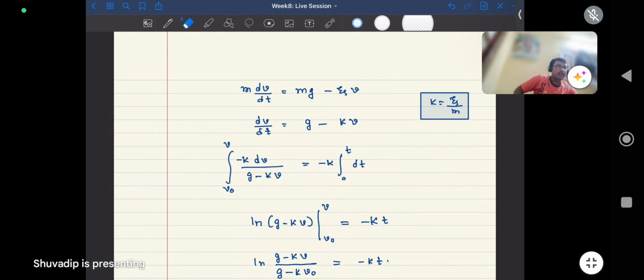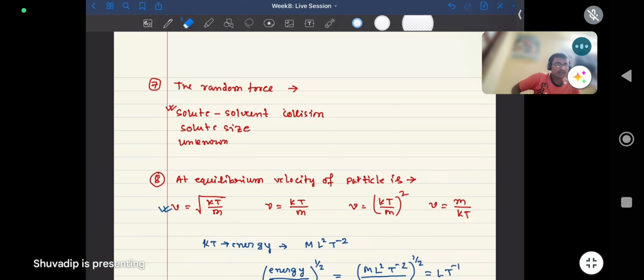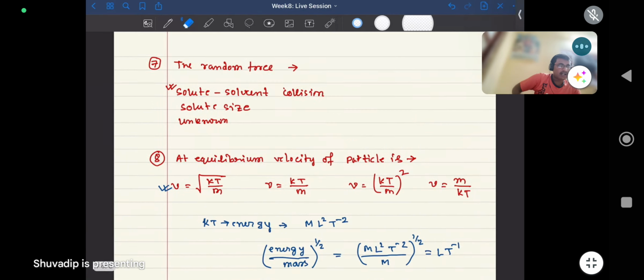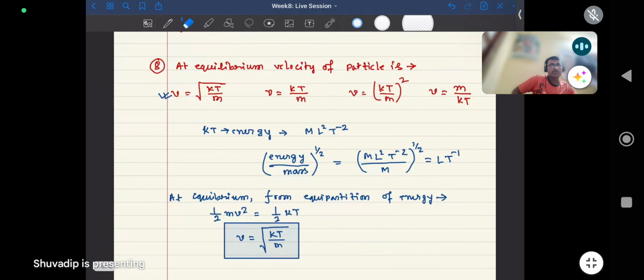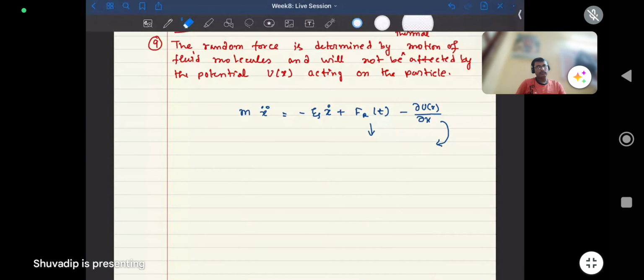But if the size of the particle is very small, in that scenario the random force and the external force are both important, and both of them are independent of each other. There is no connection between the random force and the external potential.